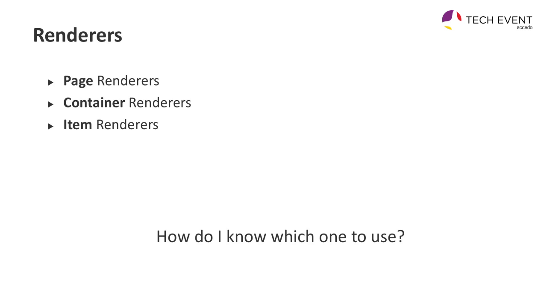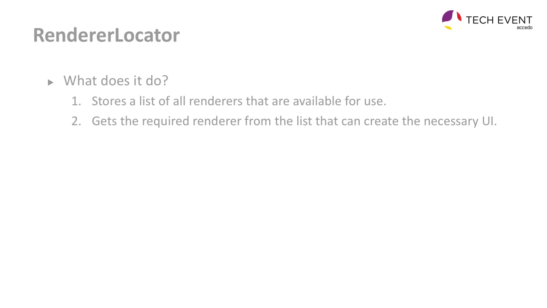But how do we know which one to use? We have a solution for that too, and that is the renderer locator. What it does is store a list of the renderers that are available for the mobile application to use. When you want a required renderer, you just ask the renderer locator for it, and it fetches it from the list.